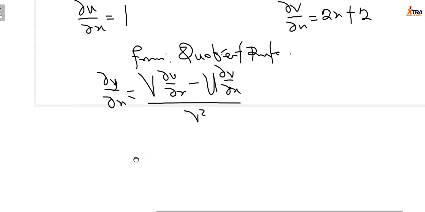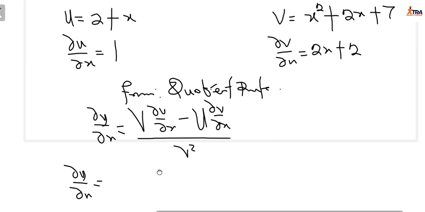So what's our v? We have dy over dx equals v. So what's v? V is x squared plus 2x plus 7, du over dx, that's times 1, minus u.